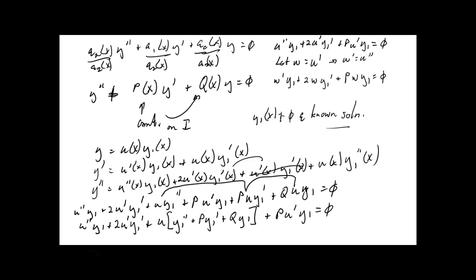Now, let's get the w primes together, there's only one. This is y1 w prime plus, and the w terms are 2 y1 prime plus p y1, times w.